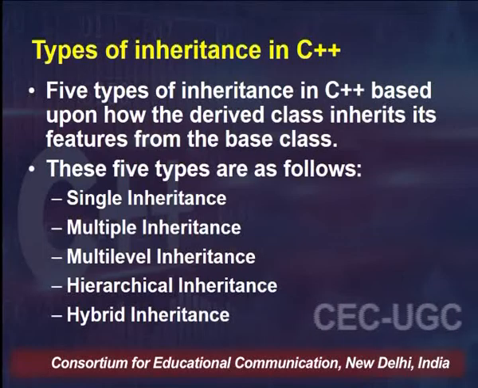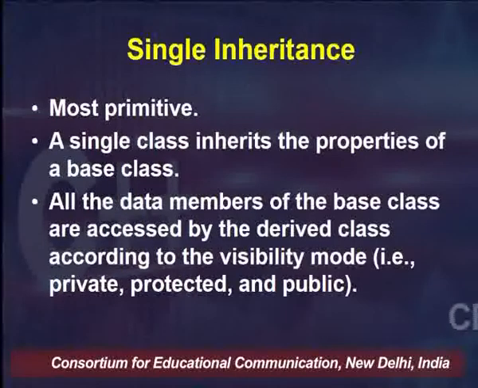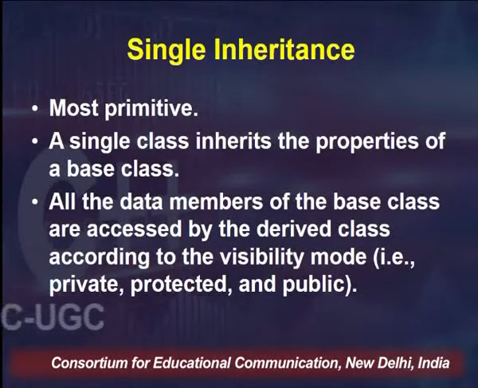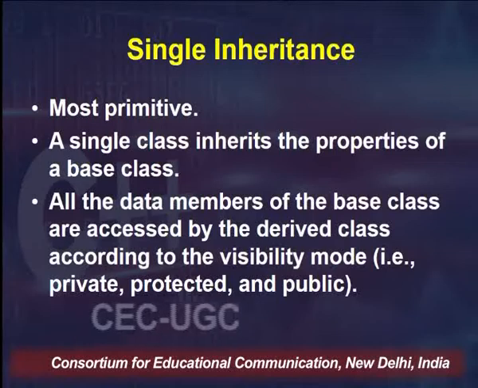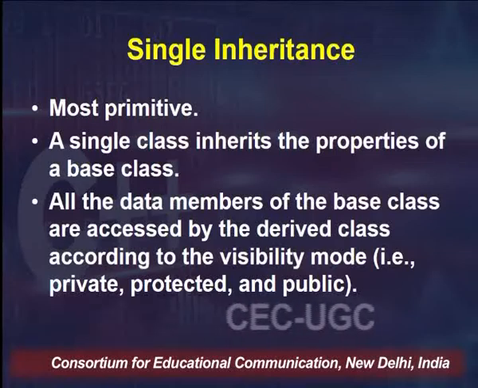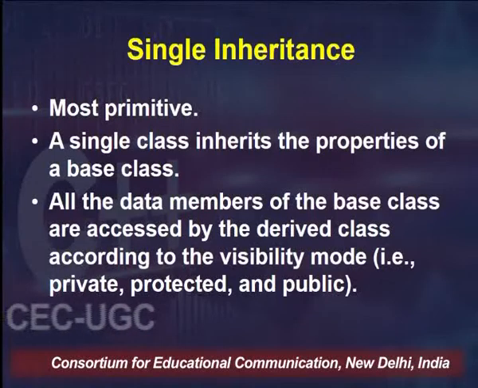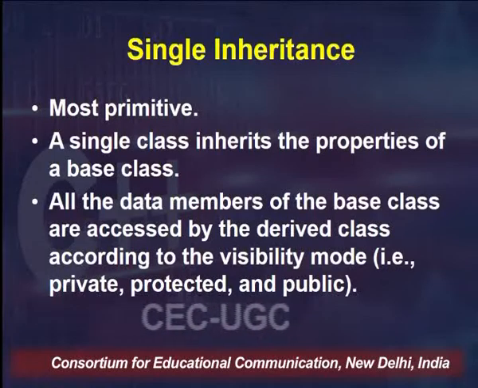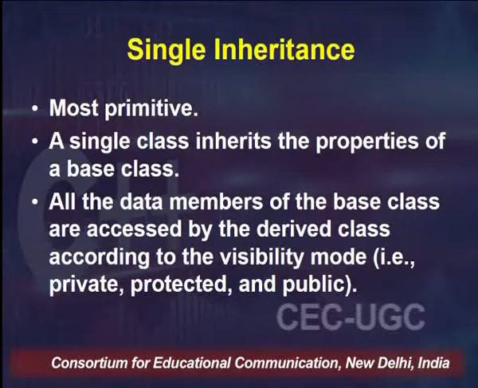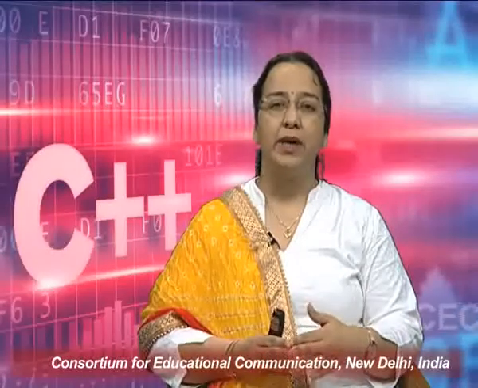In order to begin, let us start with single inheritance. Single inheritance is the first and a very primitive type of inheritance among all the 5. That's the most basic one. What is happening in single inheritance is there is a single class which inherits the properties of a base class.